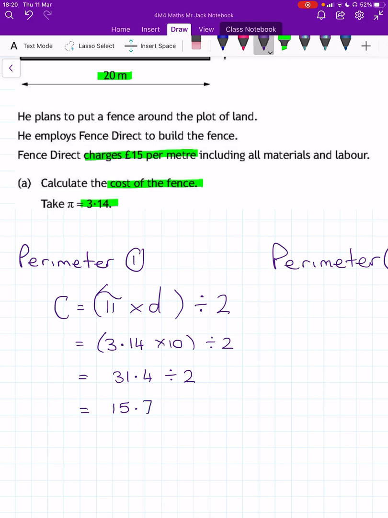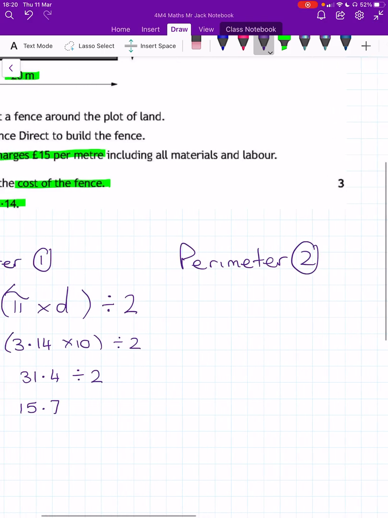If you need to do a bit of working to show that, go ahead. In my head, all I did was divide 30 by 2 to get 15, and then I divided 1.4 by 2 to get 0.7 and added those two things together.